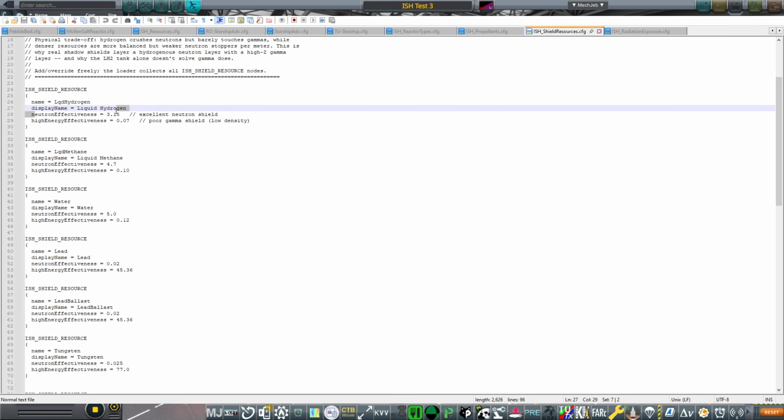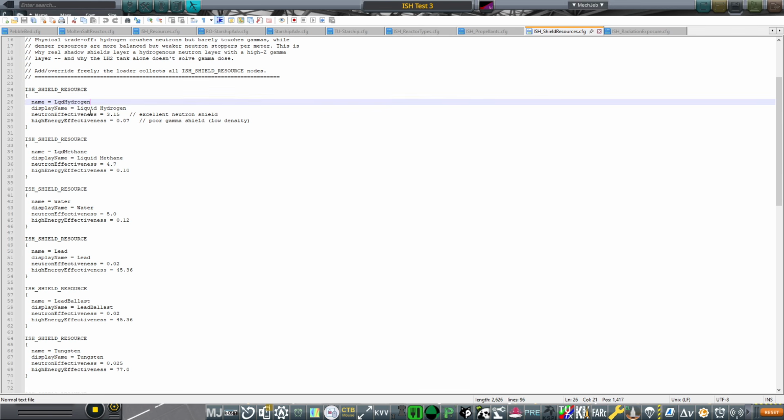So hydrogen is really good at neutrons, not really good at the high energy particles like the X-rays and gamma rays, because X-rays and gamma rays need basically just density. It just needs more stuff in the way. And the neutrons need something that wants to absorb a neutron because it likes being some sort of isotope.